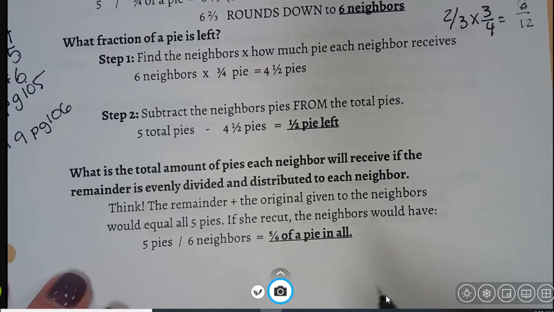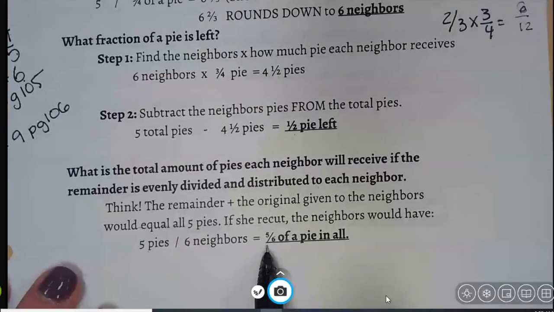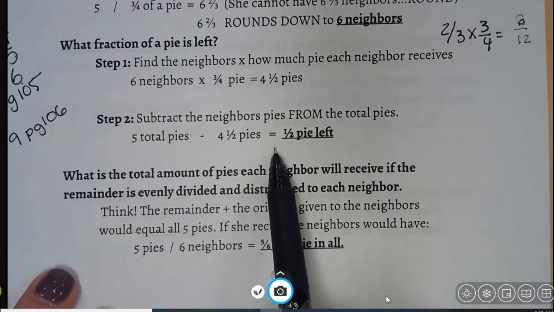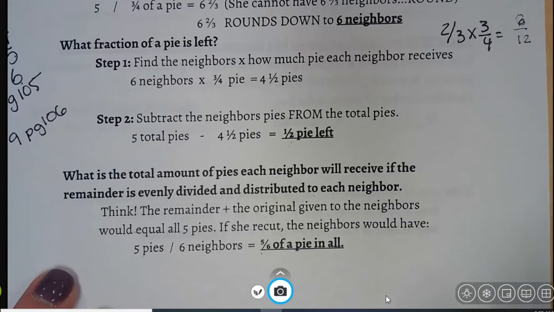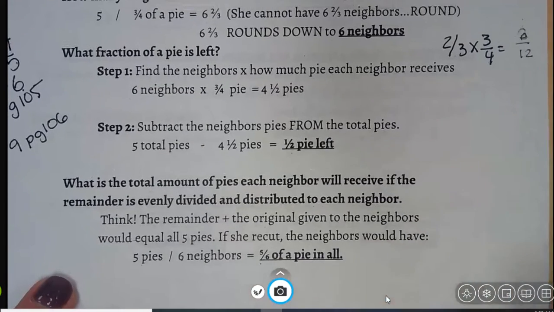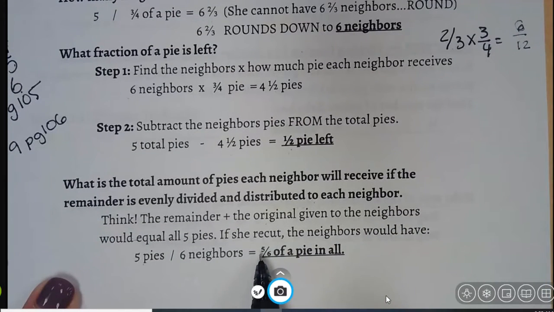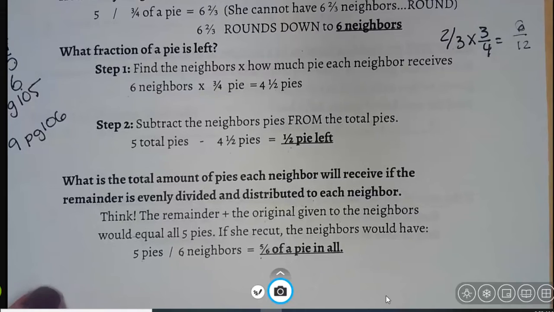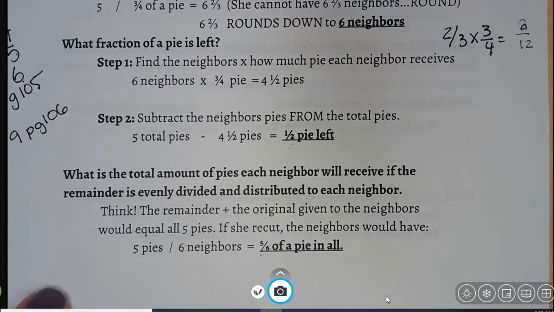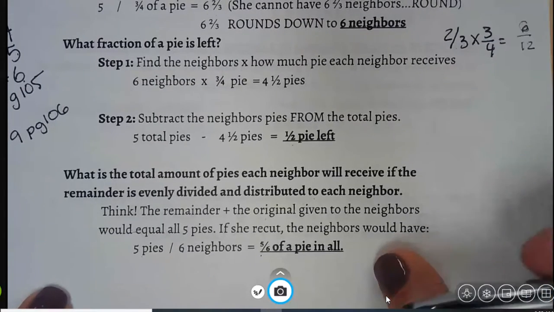So we have the 5 pies divided by 6 neighbors would equal 5/6 of a pie in total. You could take half of a pie divided by 6 and add it to the amount they originally got, which was 3/4 of a pie. You'd have to have a common denominator when you add the fractions, but you could do it either way.